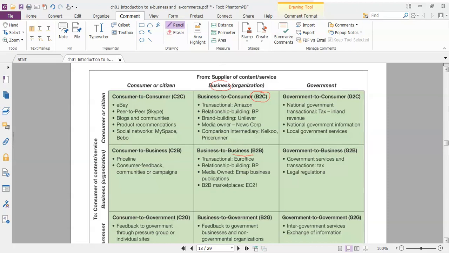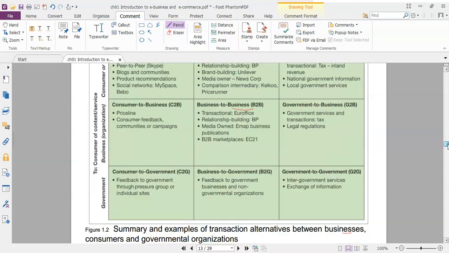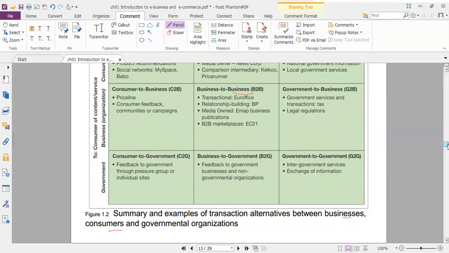So what else is there, the services from the consumer to government? C2G. Feedback also, same as consumer to business.